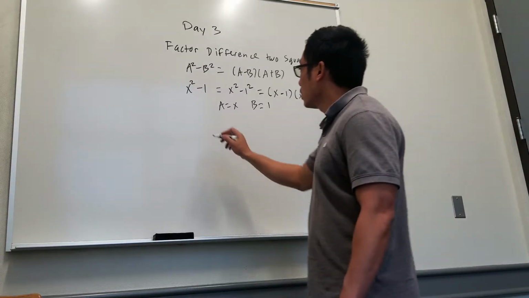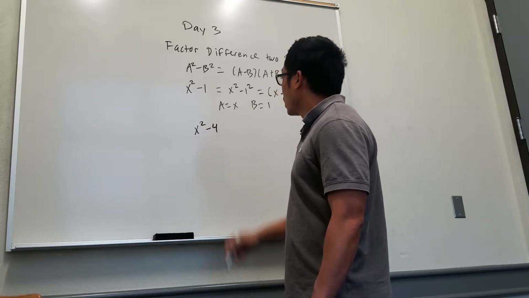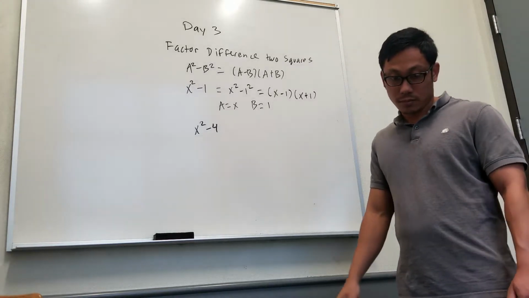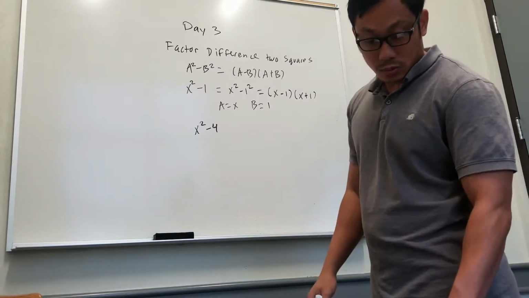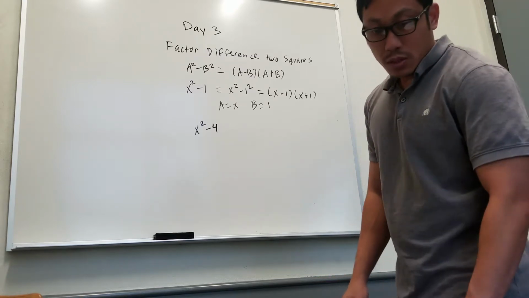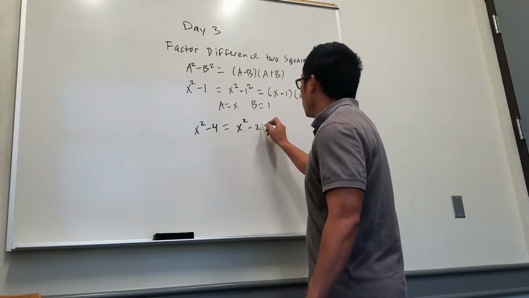So let's do another one. See if you can try it on your own. x squared minus 4. Okay, so here, this is really the same thing as x squared minus 2 squared, right?